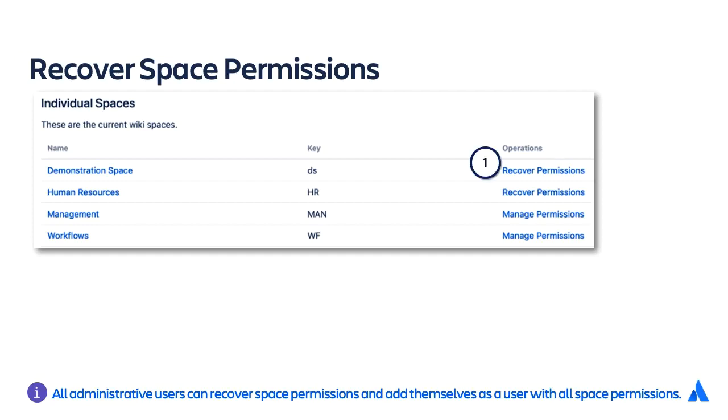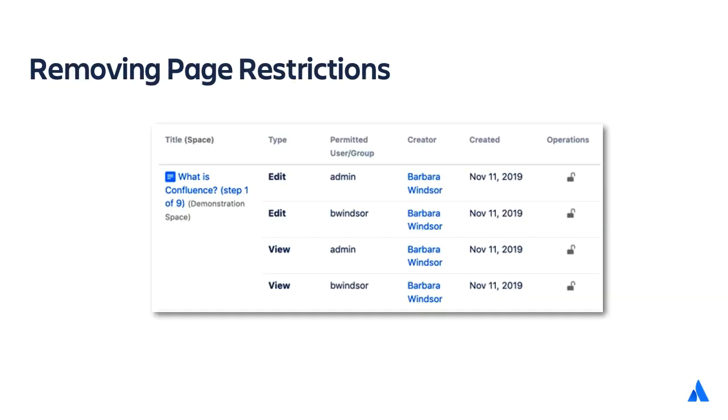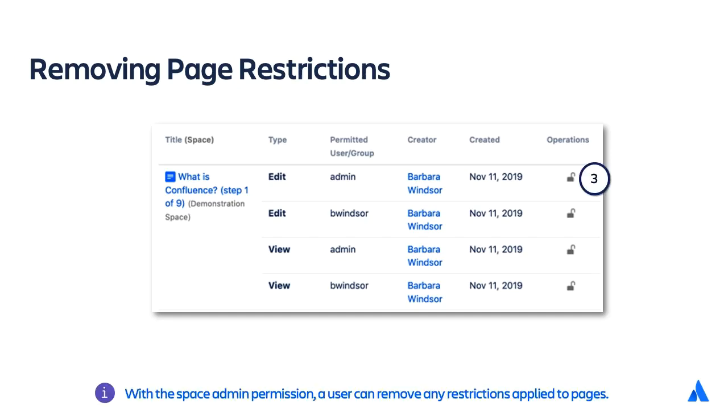Administrators select the Recover Permissions option, and they are reminded that their action is being logged. If the administrator decides to recover permissions, they will be granted all space permissions. Now that they have Space Admin permissions for the space, users can then access the Restricted Pages area of Space Permissions.